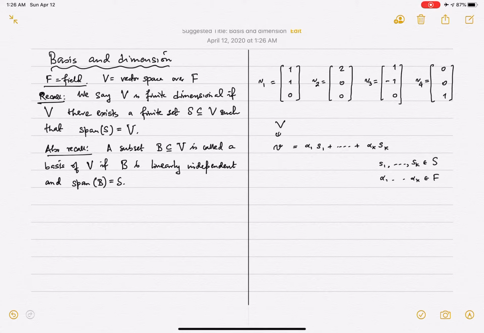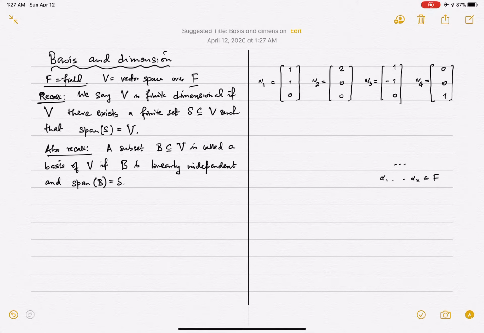In that case, we say that V is finite dimensional. So every vector can be written as a combination of elements of S with some scalar coefficients. Elements of the field in this context are called the scalars.